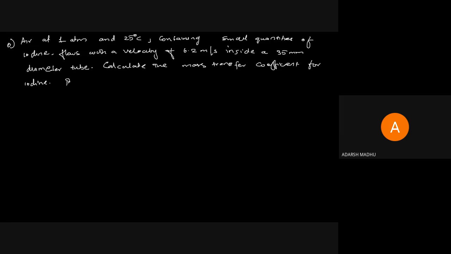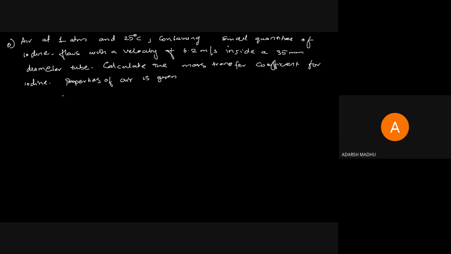Properties of air are given. So it is a flow of air through a tube, and air at 1 atmosphere pressure is flowing through it at a velocity of 6.2 meter per second, and the tube diameter is given as 35 mm.